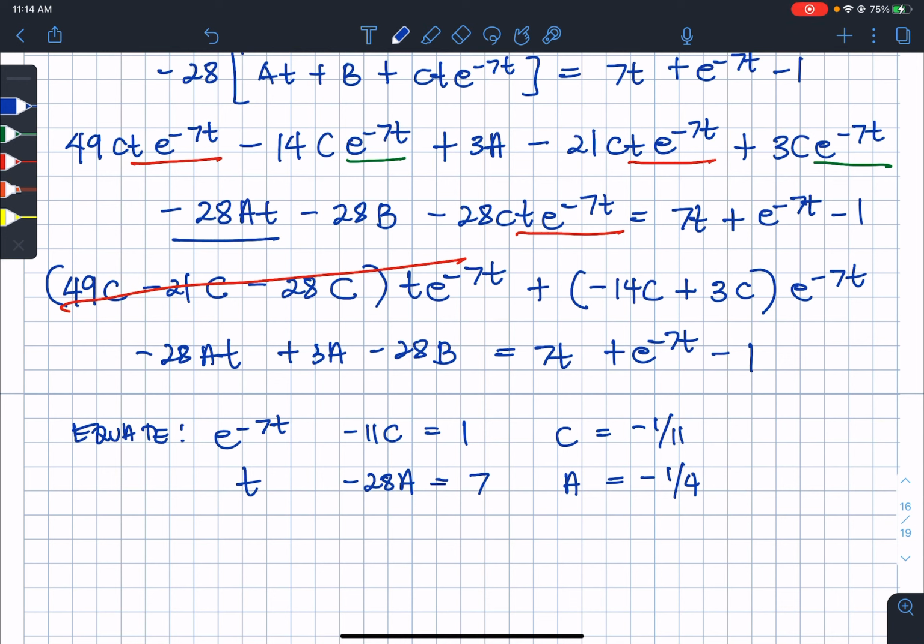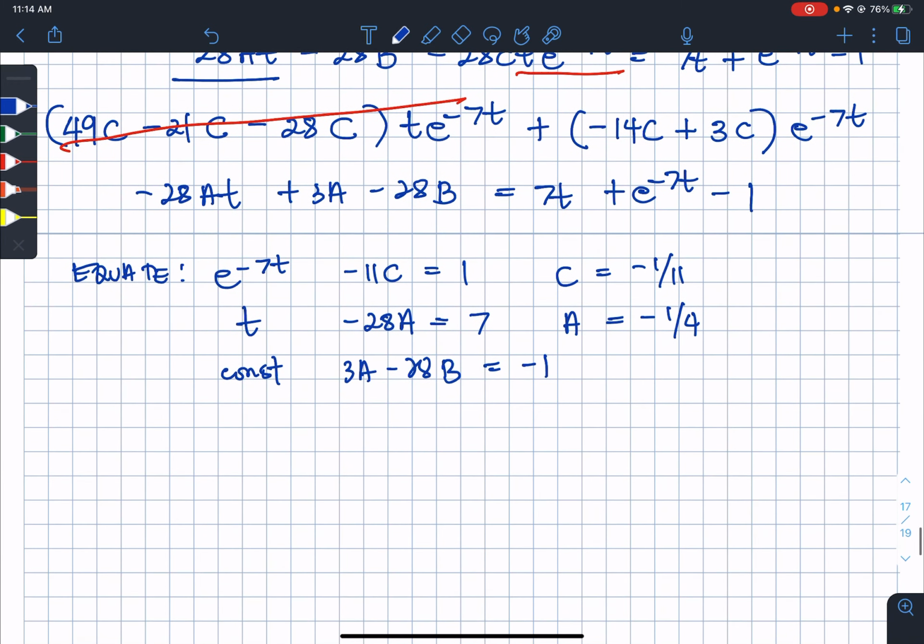And then I'll have the constant, 3a minus 28b equals negative 1. So negative 28b is equal to negative 1 minus 3a, where a is negative 1/4.